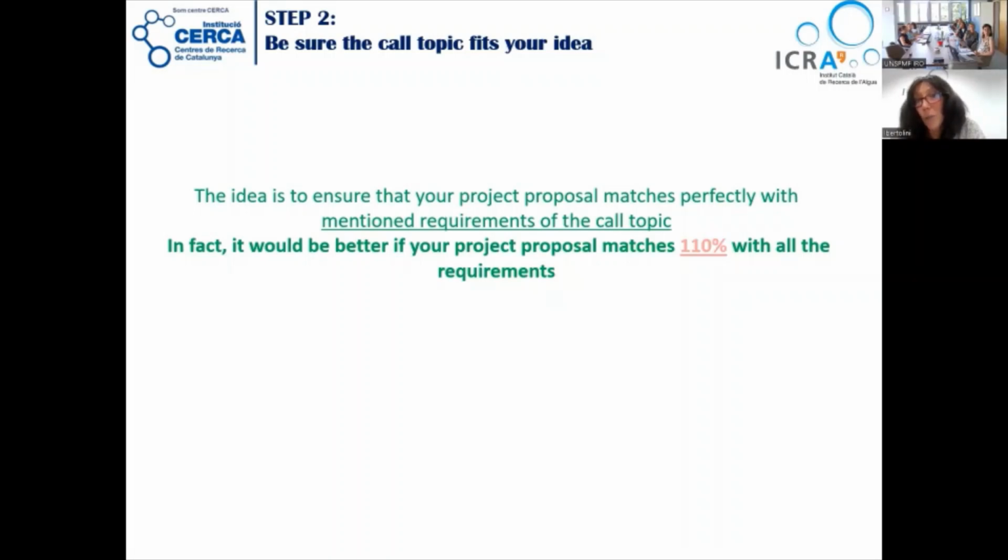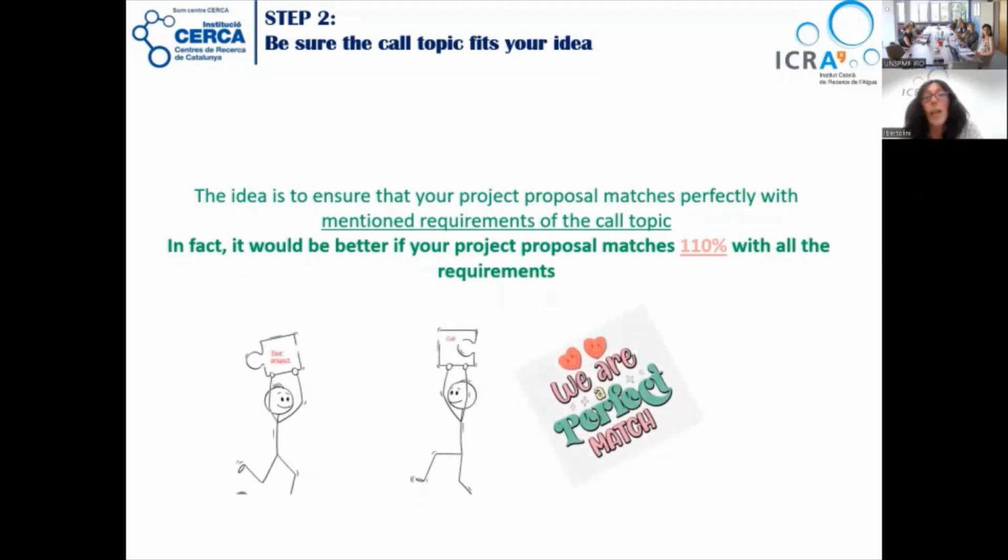And when I talk about the requirement, I especially talk about the key strategic orientation that is under the destination, the expected impact, and the specific condition and the expected outcomes. Okay, so as we said, it should be a perfect match.